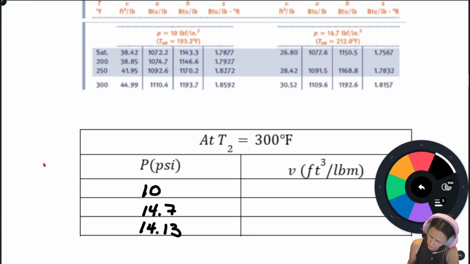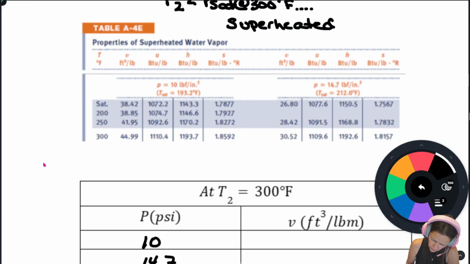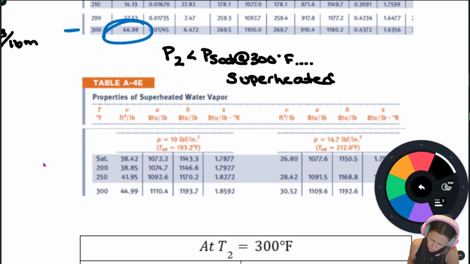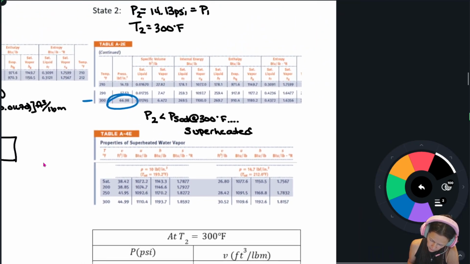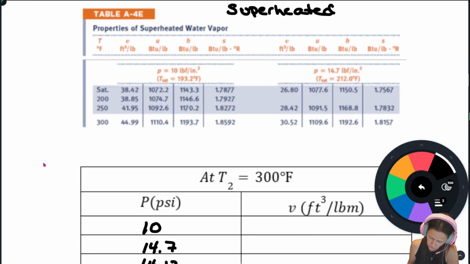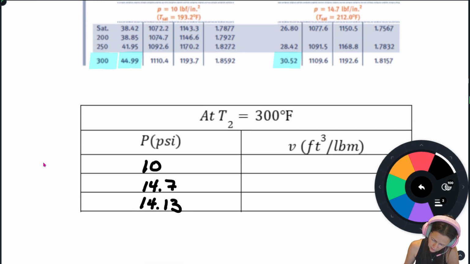So let's see. Oops, I feel so silly. There we go, that's what we're looking for. So I've got 44.99, and then I've got 30.52.